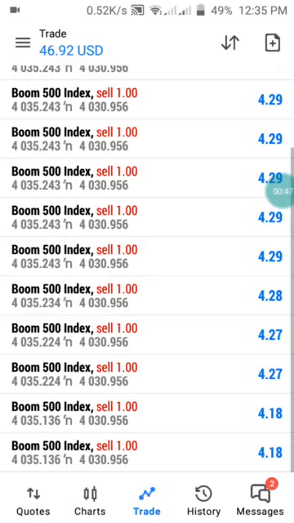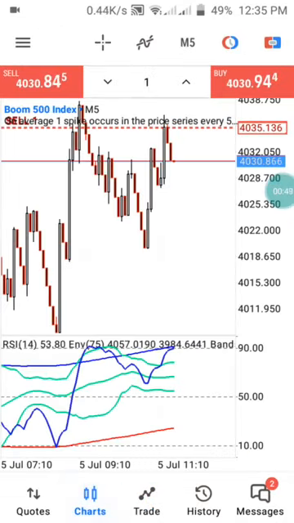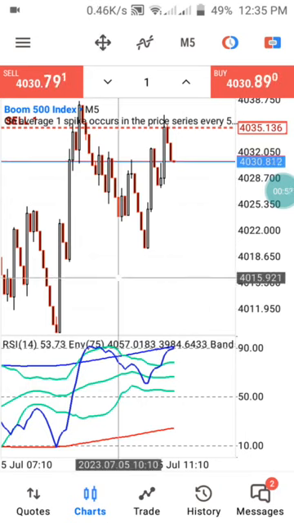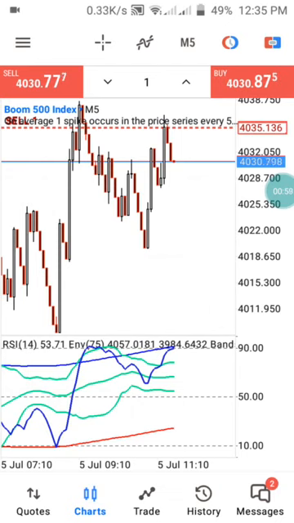So guys, let me explain how you can set up this particular strategy and how you can make use of it to catch a daily profit on Boom 500. This strategy also works on all Crash and Boom indices. I'm going to make another video on Boom 1000 and Crash 1000, but inside this video I'm going to explain how it works on Boom 500 only.